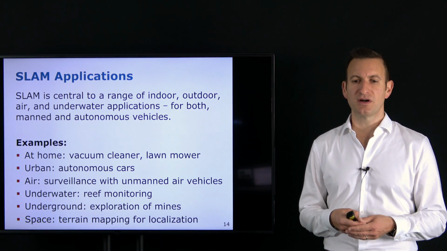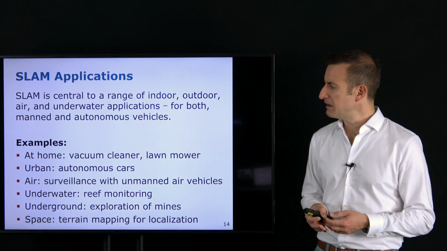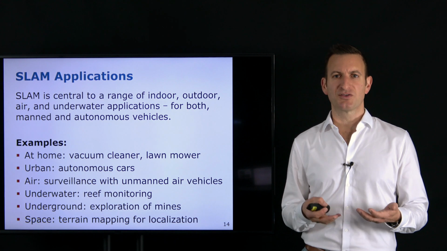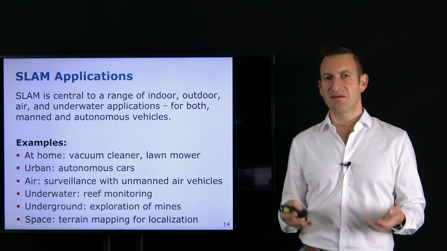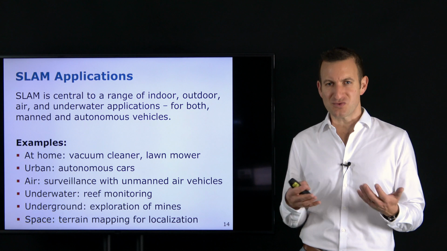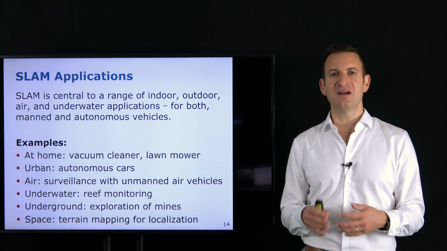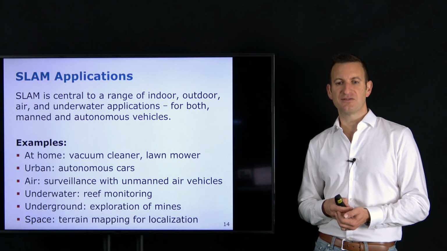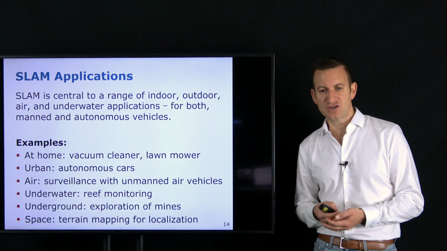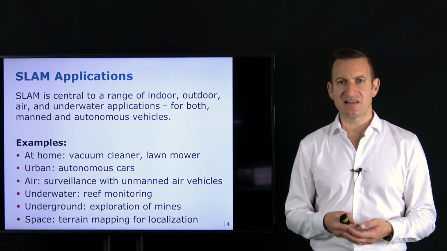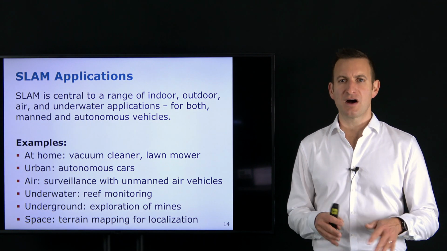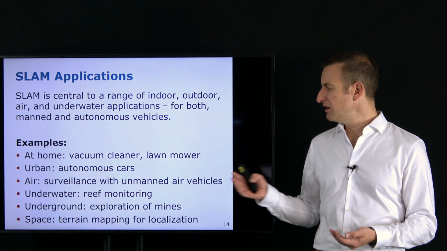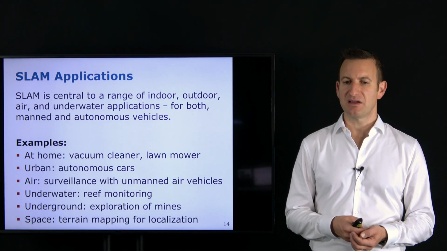Same holds for underwater systems. Especially in Australia, a lot of people look into underwater mapping of coral reefs, for example. There also simultaneous localization and mapping is crucial in order to get your robots back, in order to know where the coral reefs are. There's no GPS underwater, so a lot of challenges are there that you have to deal with. Also, if you think about the exploration of underground environments, let it be mines, let it be catacombs, where systems are in underground spaces and need to explore those spaces and build maps of the environment, here simultaneous localization and mapping plays an important role.